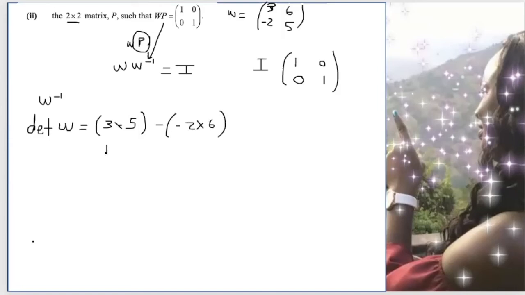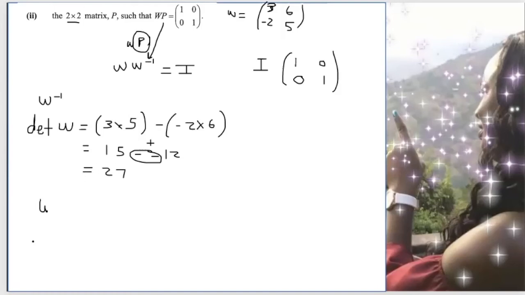So 3 fives, 15, minus negative 2 times 6, that's negative 12. Negative and negative, that's positive. So I have 15 plus 12, that will give me 27. So the determinant of W is 27.